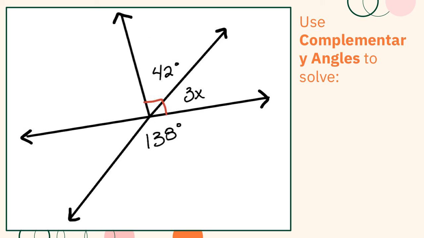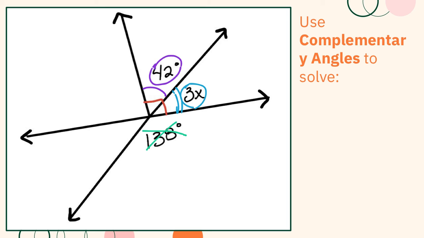This one is telling me to use complementary angles to solve. So if I'm going to use complementary angles, I know that means I'm using what is part of my 90 degrees. So I'm going to use this 42, and then I'm going to use my 3x. I do not need this 138 degrees in order to solve this problem, not if it's telling me to use complementary angles. If it told me to use supplementary angles, then I could have used that.